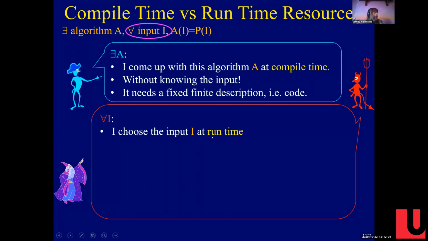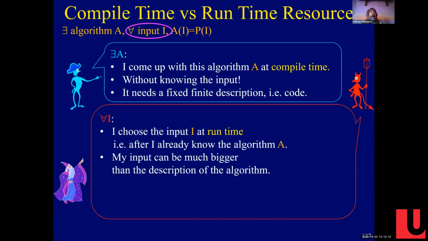We call that runtime. We're actually running the algorithm. We get an input, and the algorithm has already been fixed. Because the algorithm was fixed first, the input might be much, much bigger than the algorithm. Remember that game in which you come up with a number, then I come up with a bigger number?